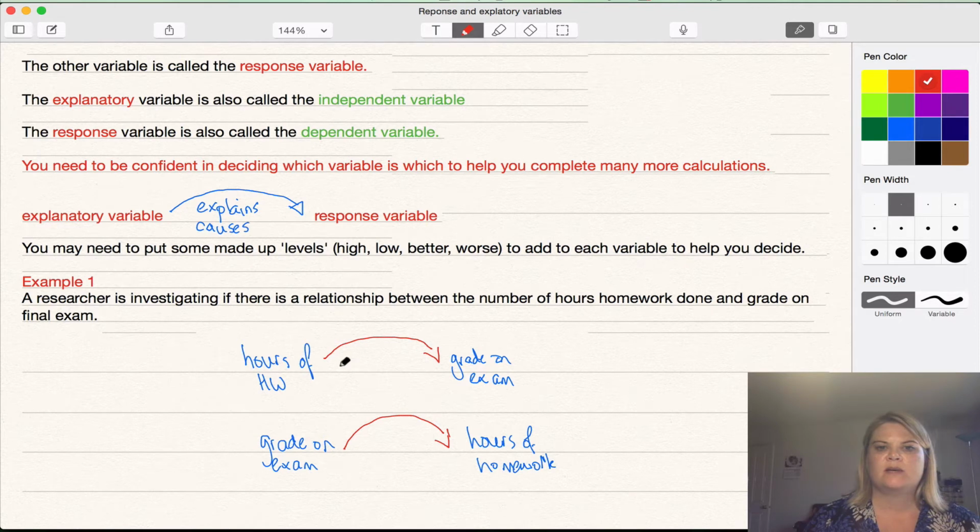This is where, as I've set up here, you may need to make up some levels. If you're clear with the first one, you don't need to do the second bit. If you're still not clear and you want some more clarification, go on and make up some levels. So let's go for high number of hours of homework causes a better grade on the exam.